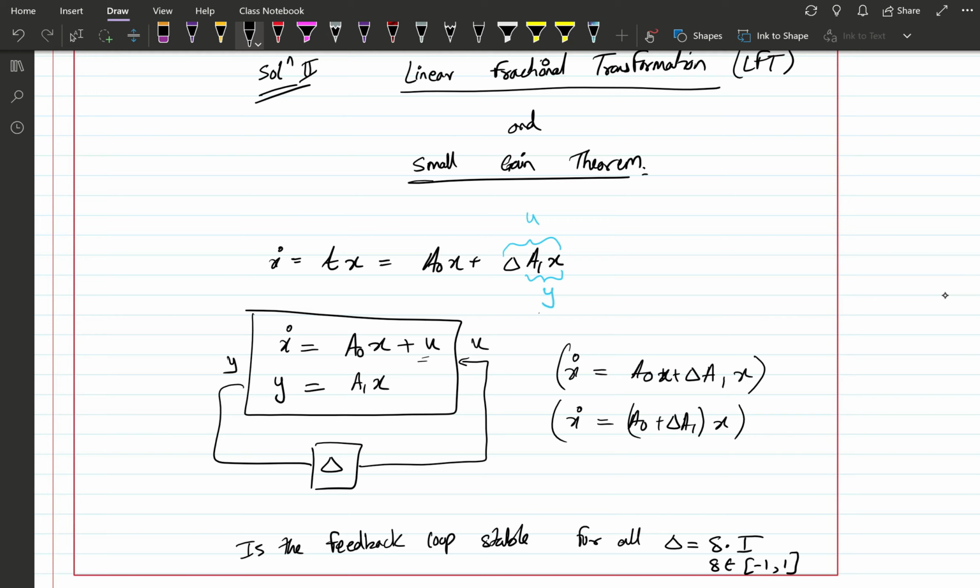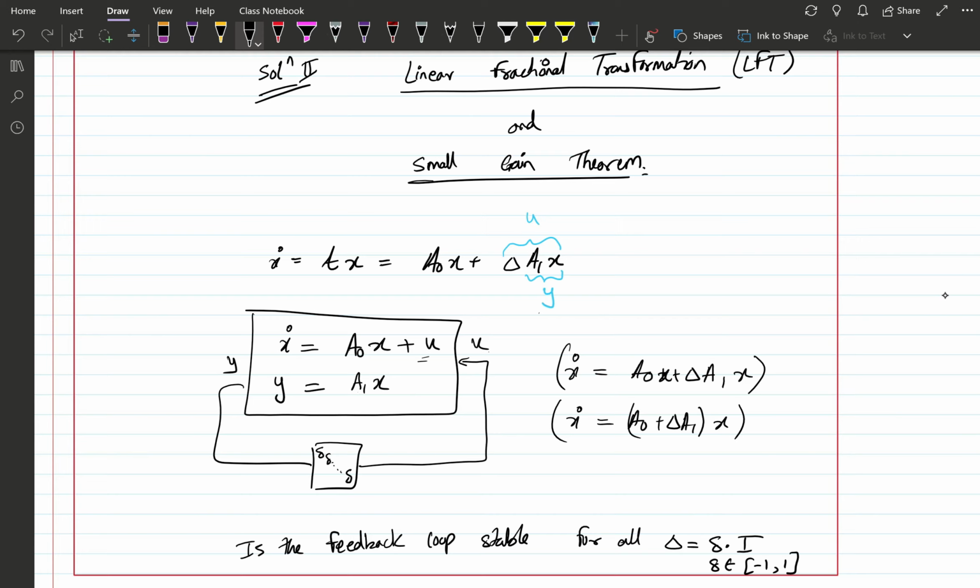So we have this block here. This Delta is basically delta, delta, delta, delta. So this is a block made up of deltas. So we have y equal to A1 x, so we would then get u as delta times A1 x, and yes, we have this.